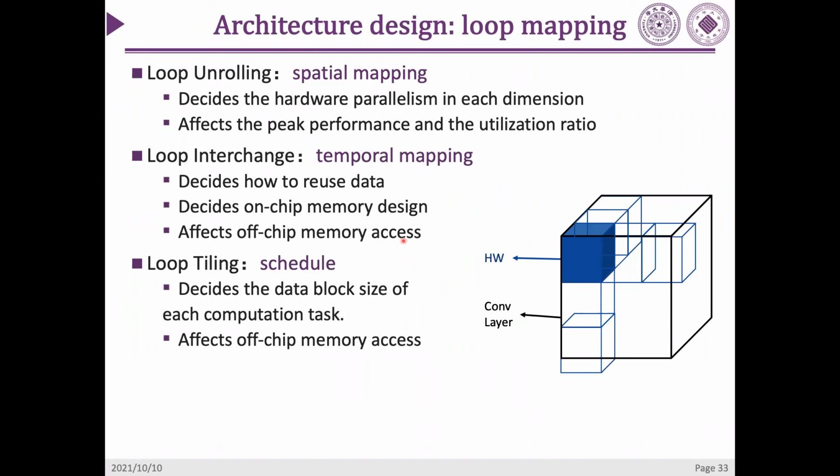The second way is loop interchange. That means the temporal part of the mapping: how to reuse the data and how to decide the on-chip memory design, and that will affect the off-chip memory access.